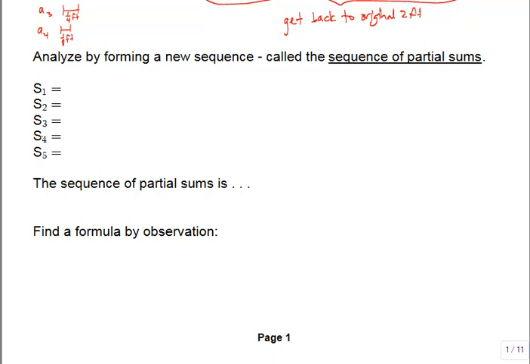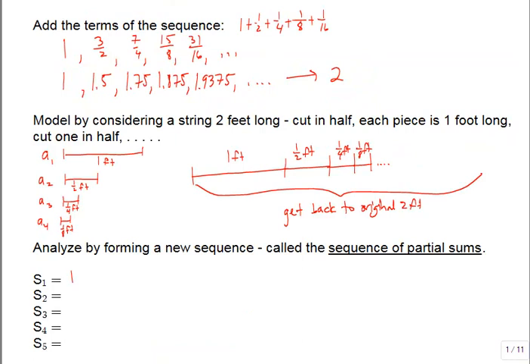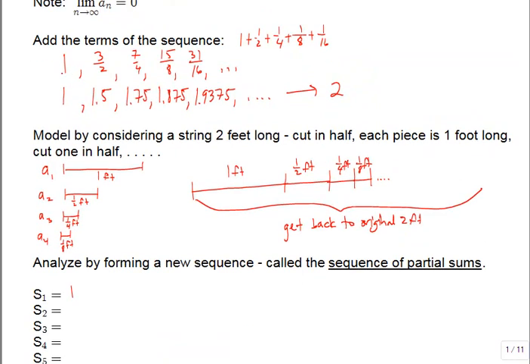S sub 1 is going to equal the 1 that we got up here, just from the very first term by itself. S sub 2 is the 1 plus the 1/2, the first two terms added together, and that was our 3 halves. S sub 3 is 1 plus a half plus a fourth, which was that 7/4. S sub 4 is 1 plus a half plus a fourth plus an eighth, which was that 15/8.